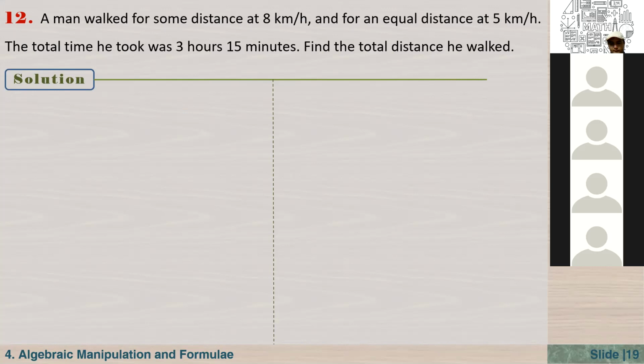Done, mister. What is the answer? 20 kilometers. Very good, Murad. You are so fast. You solved it in 1 minute. Because I found one way. It skips like two parts.